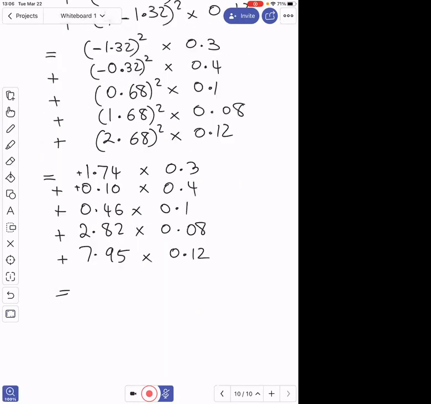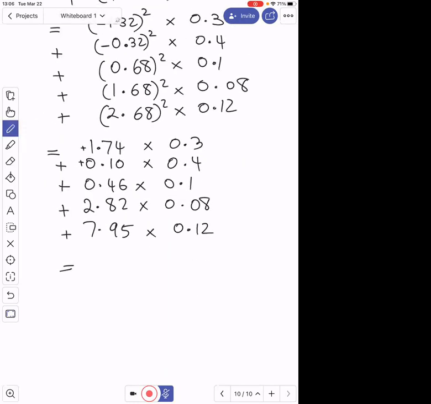So you do the multiplications. The first multiplication is 1.74 times 0.3, which will be equal to 0.522, plus. Next, it's 0.1 times 0.4, that's 0.04. Next, 0.46 times 0.1, that's 0.046.